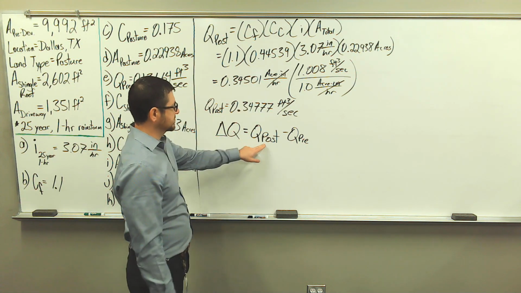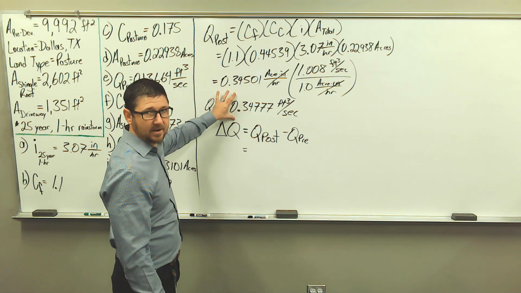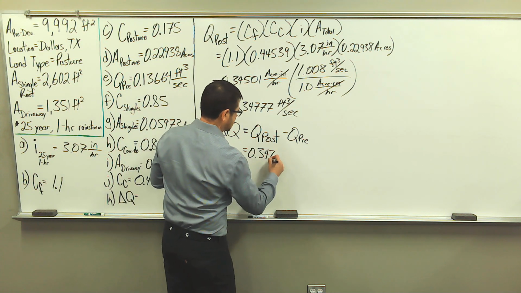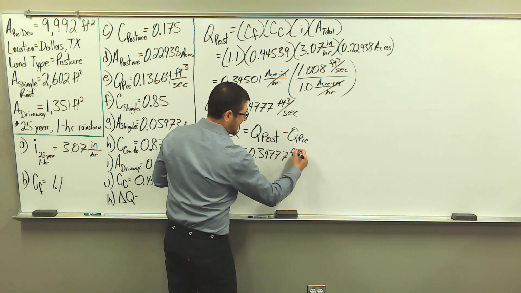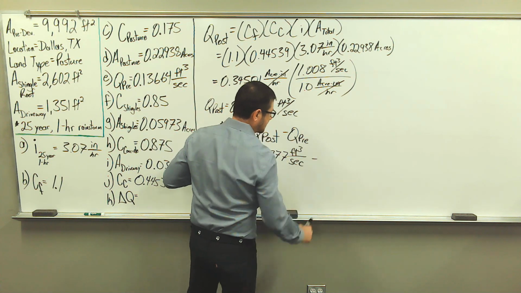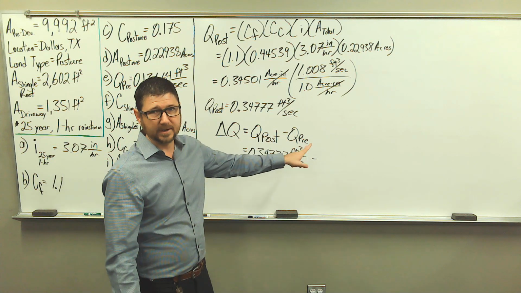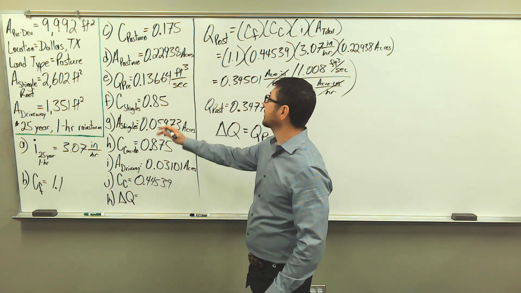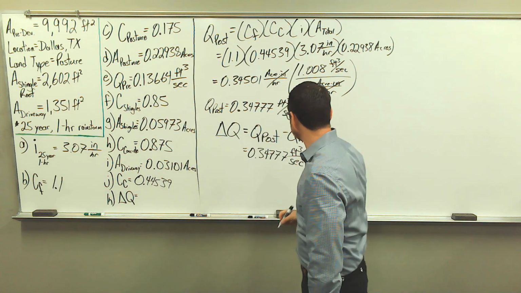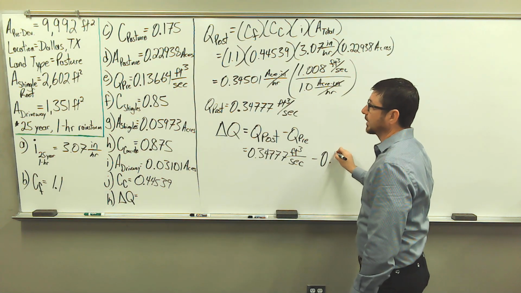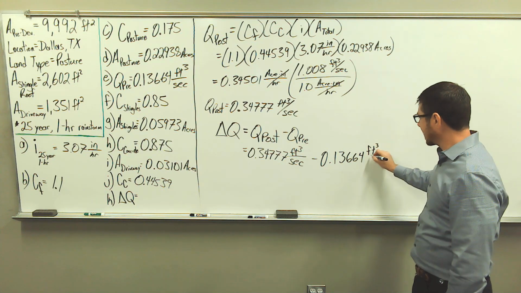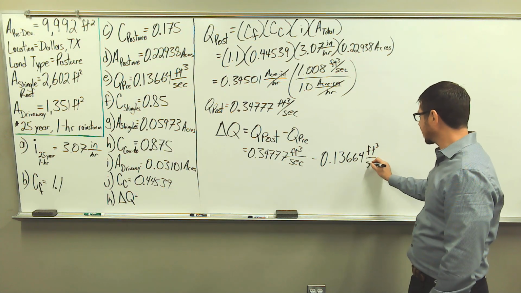So our post-development runoff rate, we just calculated that right here, 0.34777. We have units of cubic feet per second minus our pre-development runoff rate. So we calculated this value earlier. So pre-development runoff rate right here, 0.13664, and we have units of cubic feet per second.